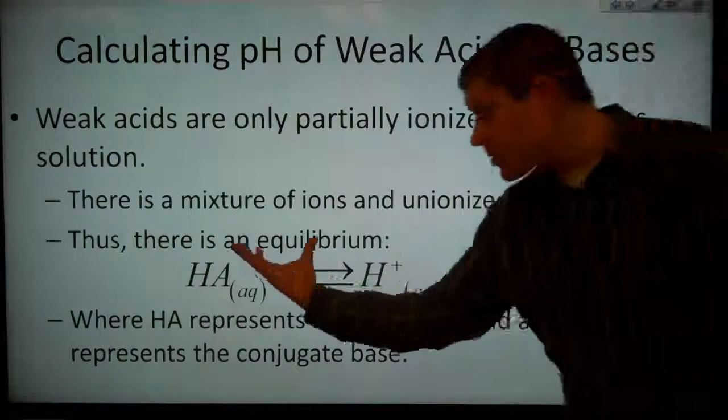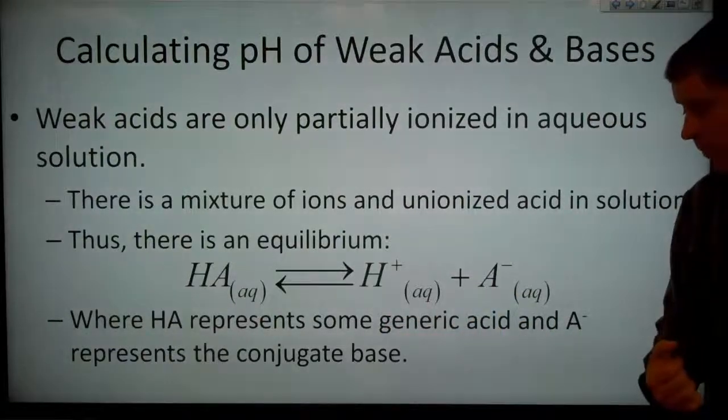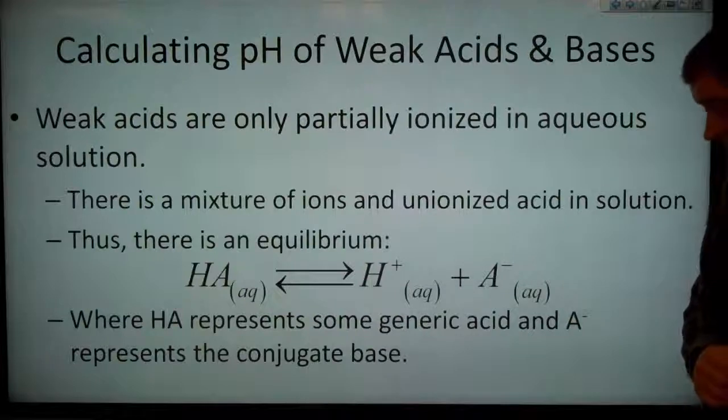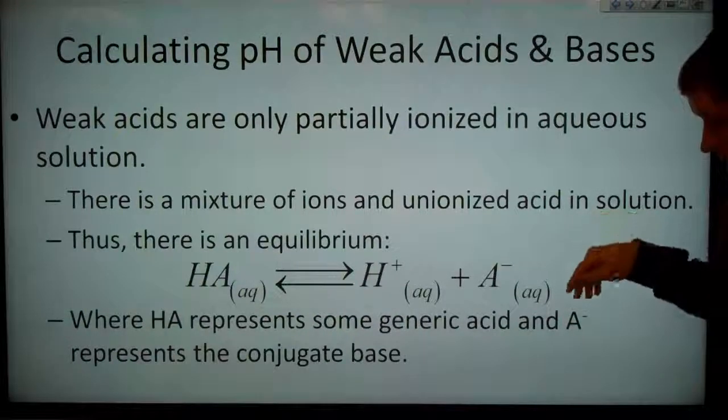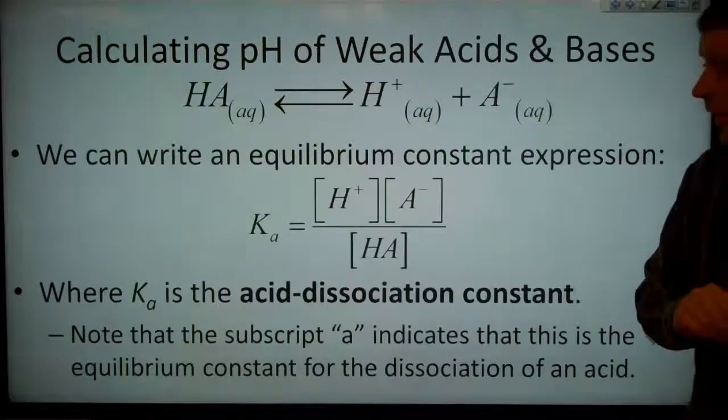Right? So we've got a mixture of our acid in this form and our acid in this form. Again, our HA represents some generic acid, whatever it happens to be, and A minus is the conjugate base of our weak acid.